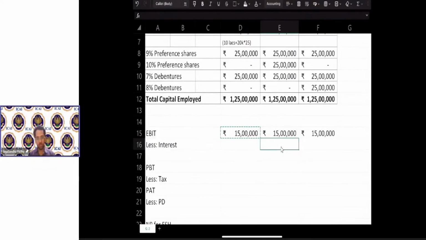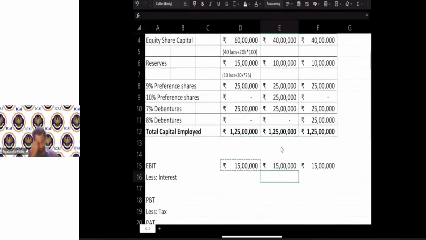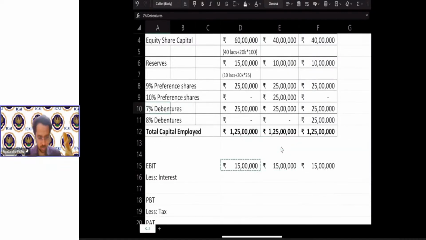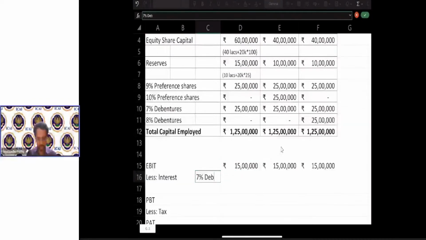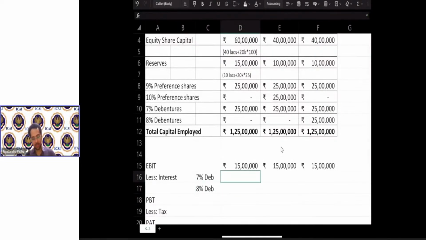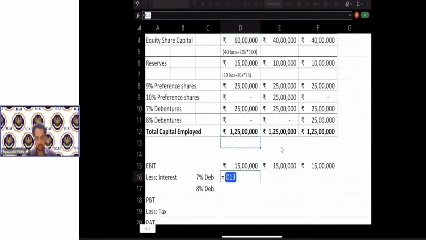Now, if I want to subtract the interest, we have got two sorts of debentures on which the interest is to be paid. The first interest is on the 7% debentures, and the second interest is going to be on the 8% debentures. Now, of course, we don't have both the debentures in all types of plan. In the first type, what we have is debenture interest of 25 lakh into 7%, plus, if there's any 8% debenture, then on that, you'll have the 8% figure.